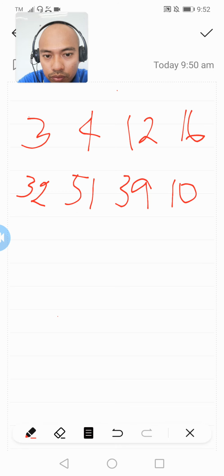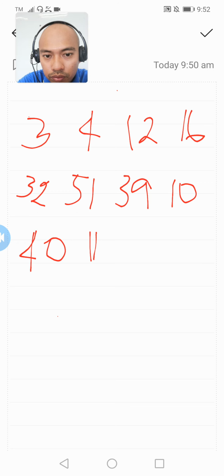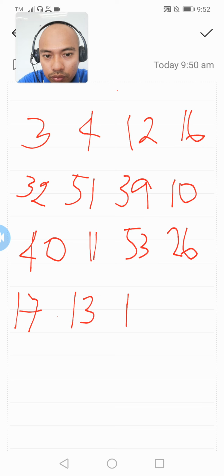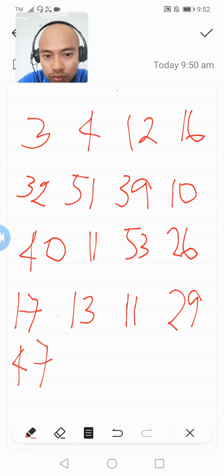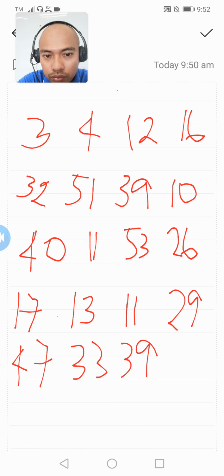So we have also 40, 11, 53, 26, and we have 17, 13, 11 again, we have 29, 47, 33, 39, and 7.